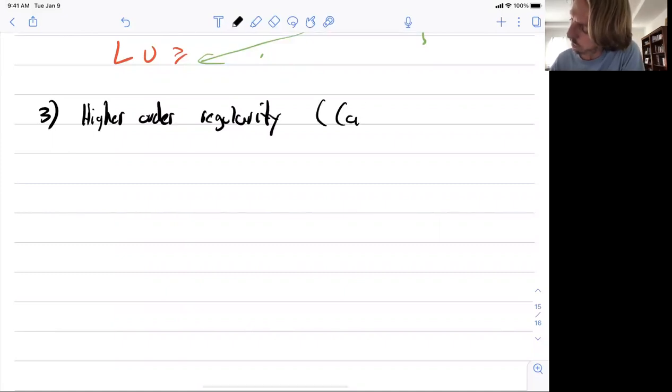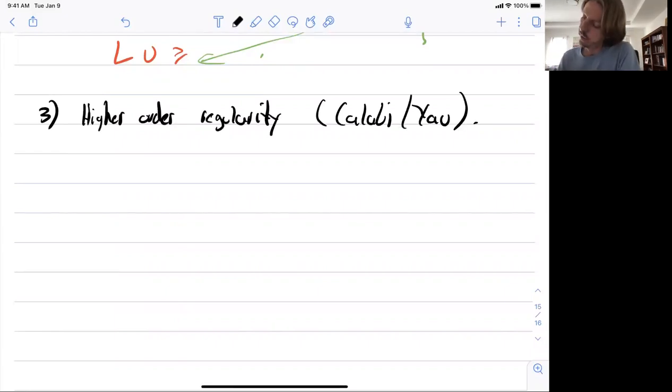This is due to Calabi and Yau, sort of independently. And again, I just want to emphasize the geometric content. The way these originally appeared in these papers, it was just, here's this brutal calculation and here's a maximum principle which follows.